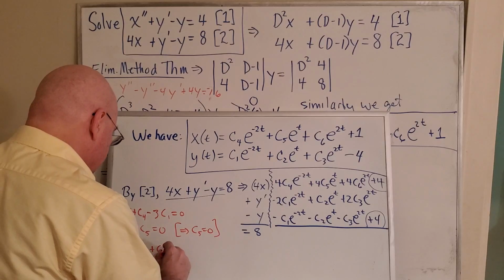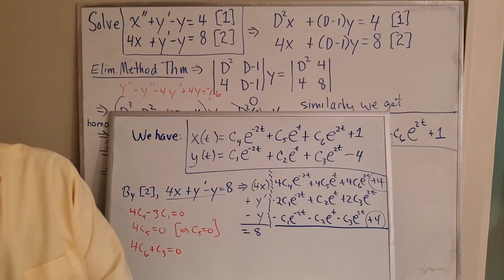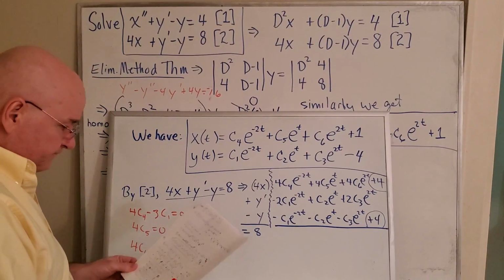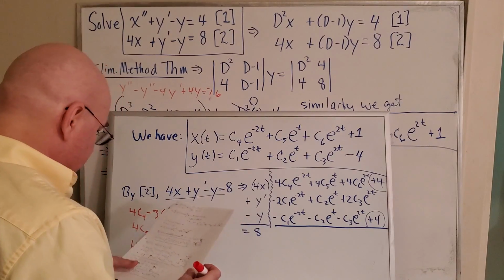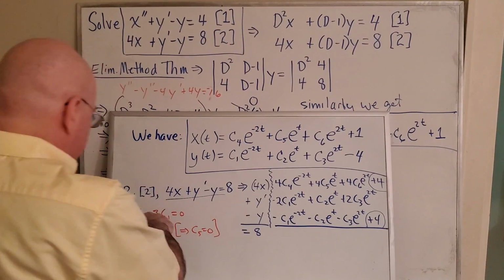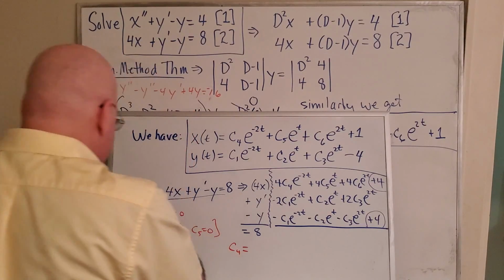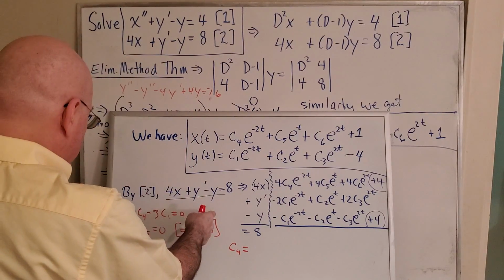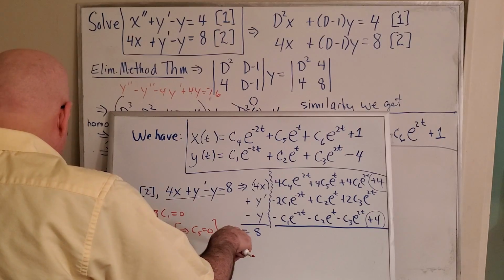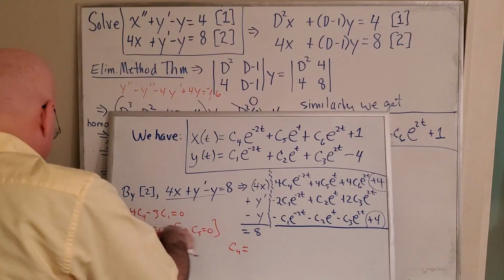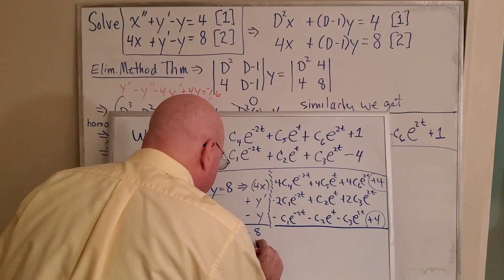Plus C3 is equal to 0. And I'm going to cheat and say that it's easy to tell here what C4 is. If we added 3C1, then divided by the number 4, we'd get 3/4 C1.